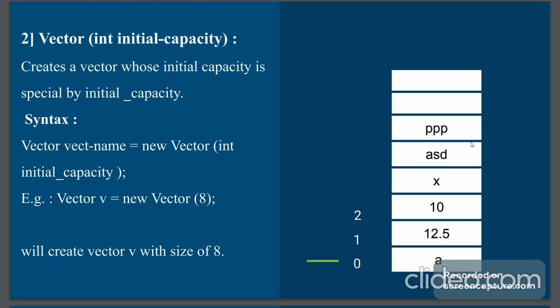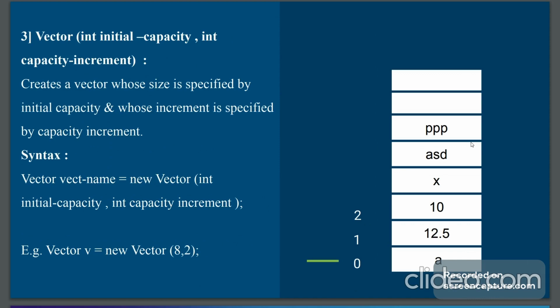So here comes the third constructor in picture. Its syntax is we have to give two parameters, capacity and the increment. So how will this work? If I write vector v is equal to new vector 8 comma 2, it means v vector will be created of initial size of 8.